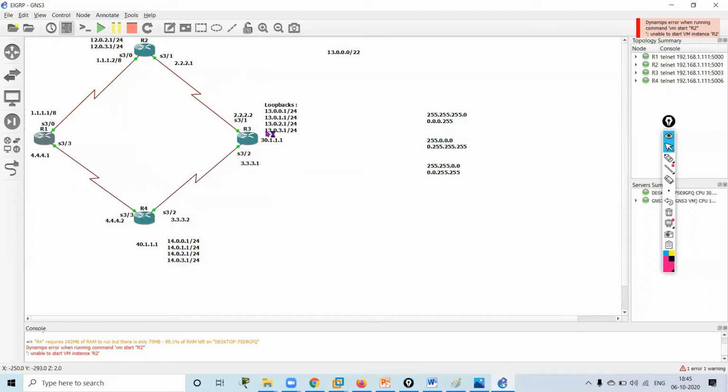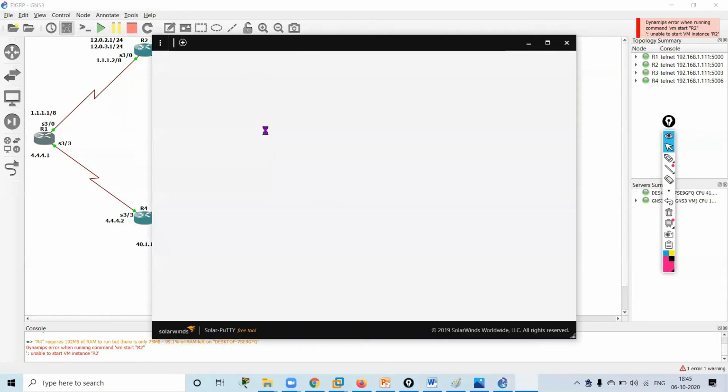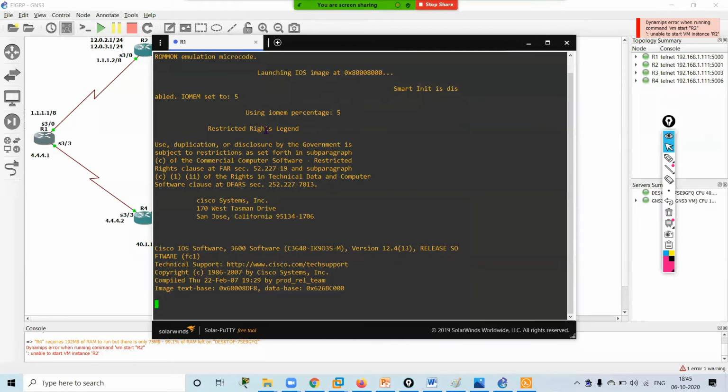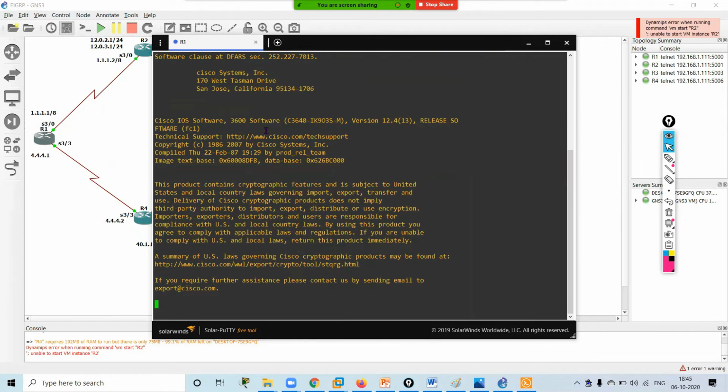First we'll see single area OSPF configuration. There are more things in OSPF I need to explain to you, but first we will see single area OSPF configuration. Then we'll move to other topics.